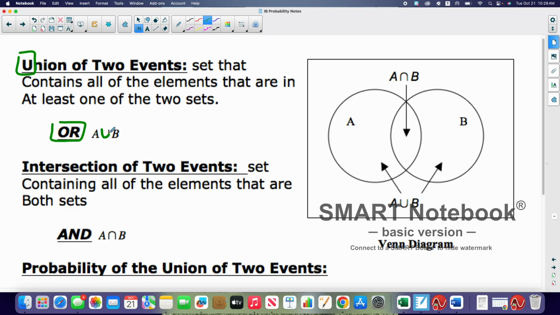We have a U right there for union, A union B. And if I was looking at my picture, A union B would be everything inside that figure 8 looking thing there. Everything inside both circles. I could be in circle A, circle B, or in both.